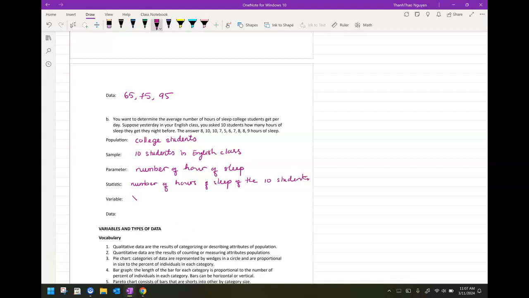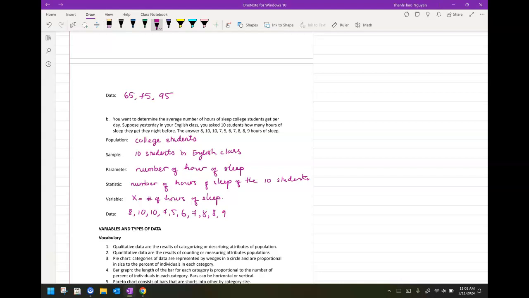The variable X equals the number of hours of sleep. And the data that you got are those numbers: 10, 10, 7, 5, 6, 7, 8, 8, and 9.